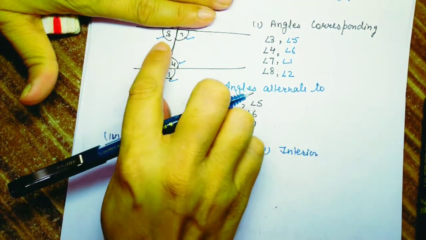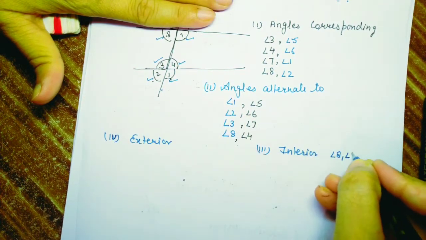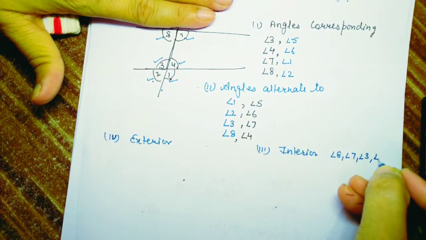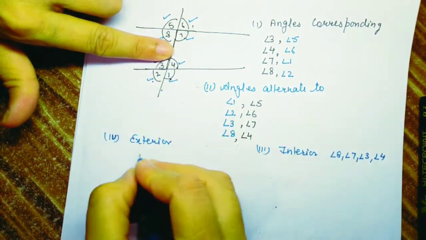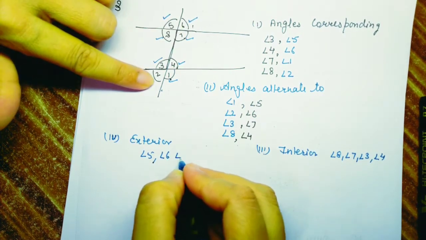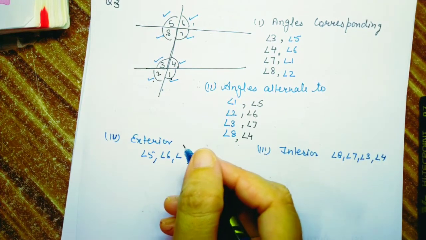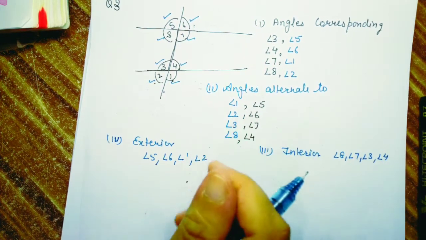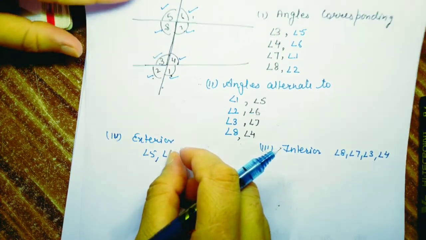So angle 8, angle 7, angle 3 and angle 4. Exterior means the outside of these lines. So angle 5, angle 6, angle 1 and angle 2. These angles are exterior of the given lines. Okay. Now after this, question number 4.